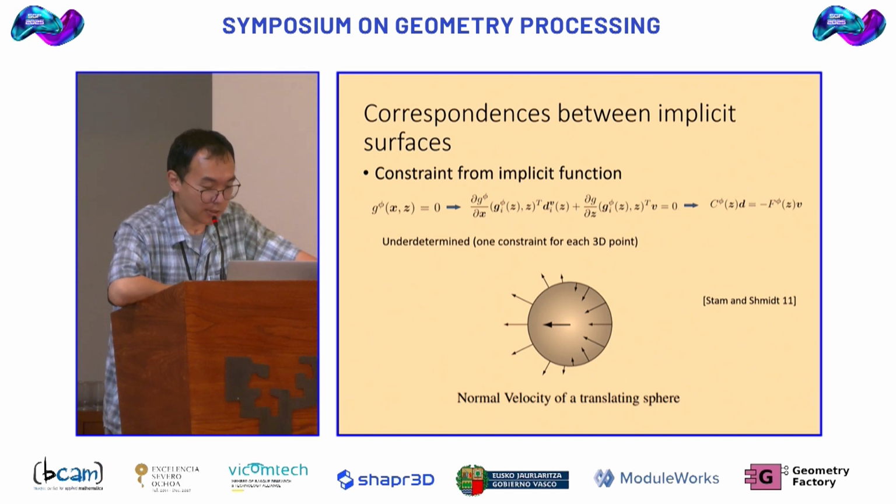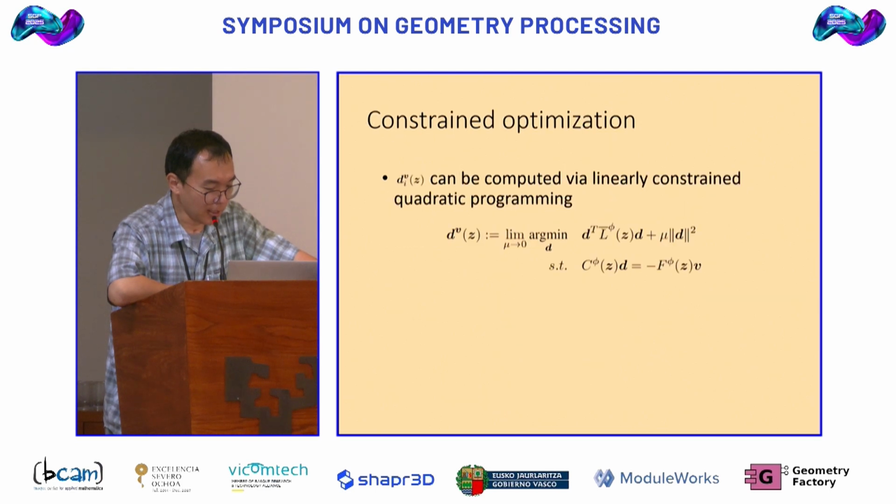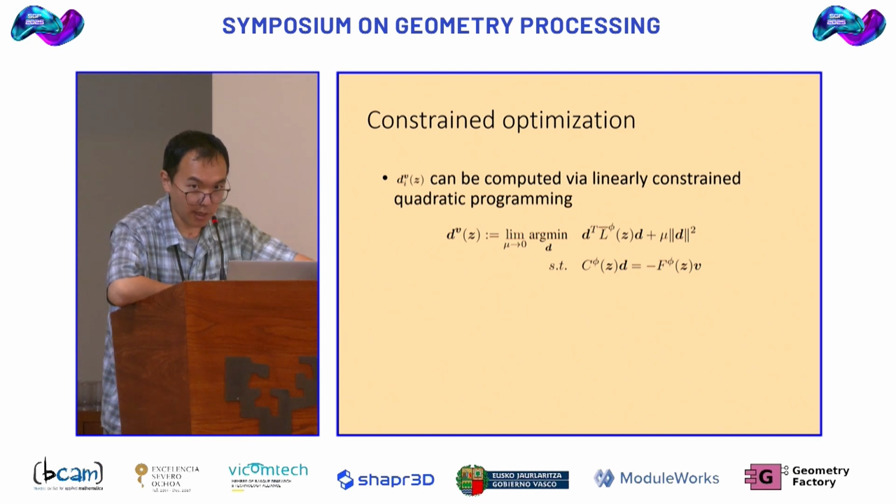So how to address this issue? The idea here is to solve a constrained optimization problem. We have the implicit constraint, which specifies that the correspondences lie on the adjacent implicit surfaces. Then we also want to minimize some deformation energy.